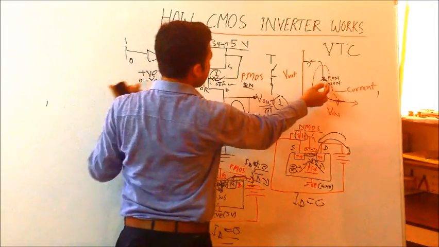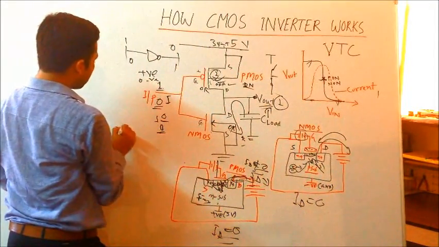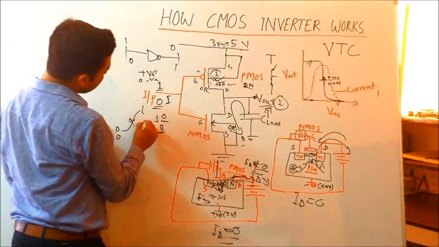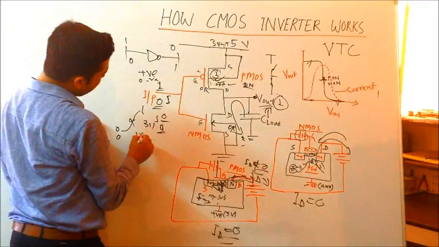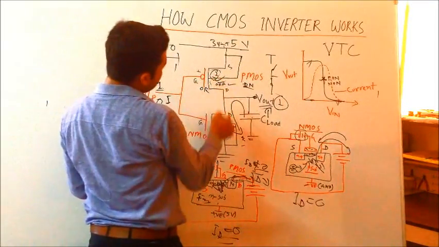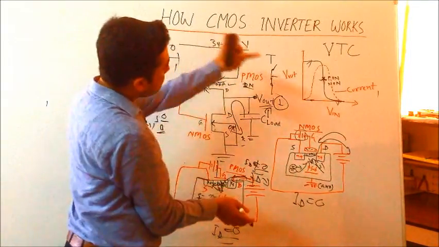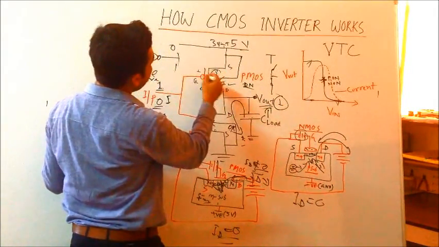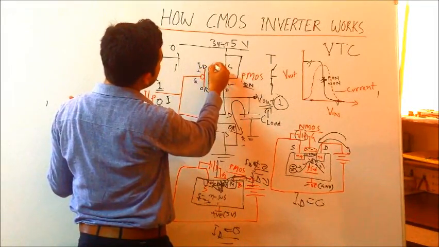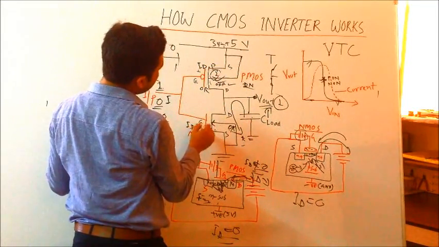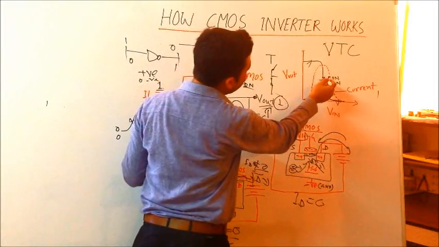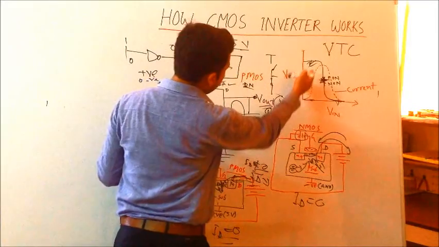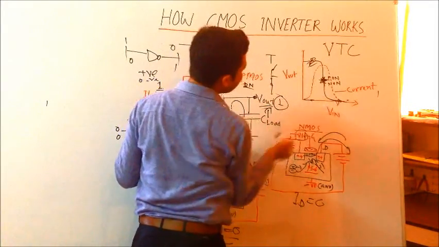But when you go from 0 to 1, that means from 0 voltage to 3 volts, somewhere in between, at 1.5 or 1.6 volts, both transistors are in the saturation region and conduct, giving ID current due to the PMOS and also due to the NMOS. So you get the maximum current when both transistors are on. But in the steady states, only one transistor is on.